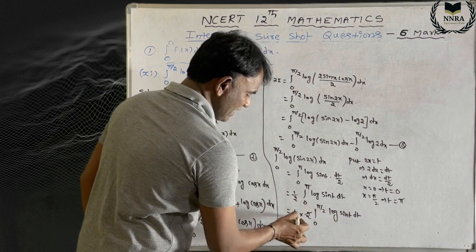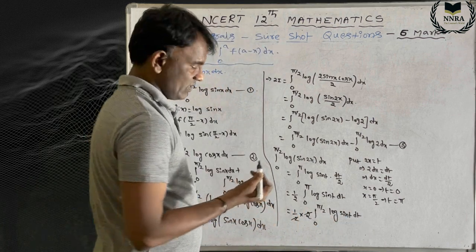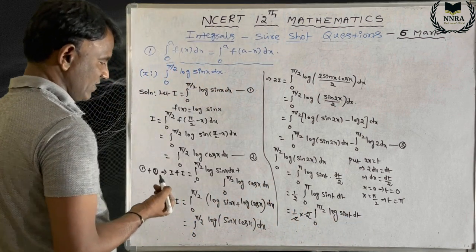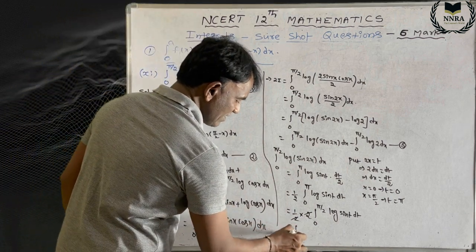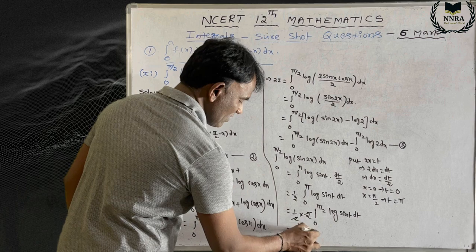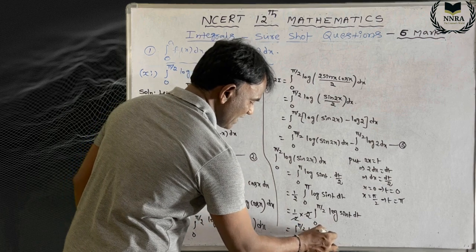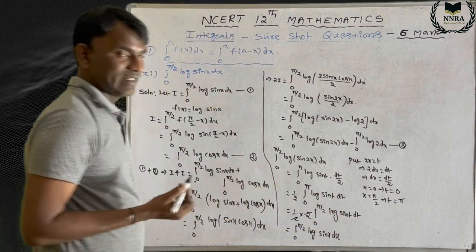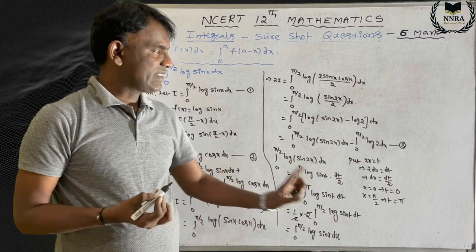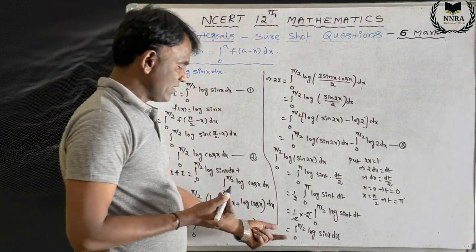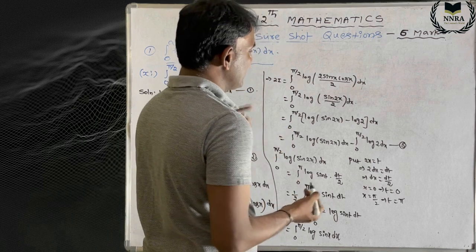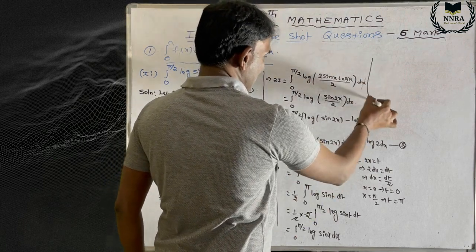Now both get cancelled, right? So what's the remaining value here? Remaining value means 0 to pi by 2 log of sin x dx, right? So t is a variable, x is also a variable. Just to substitute that.